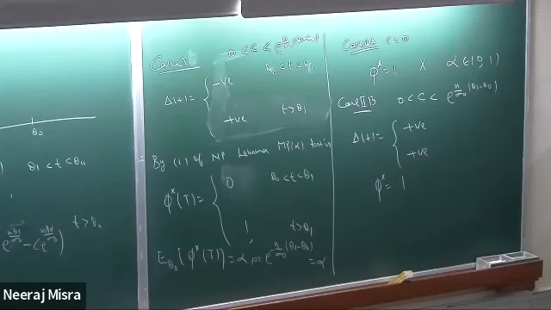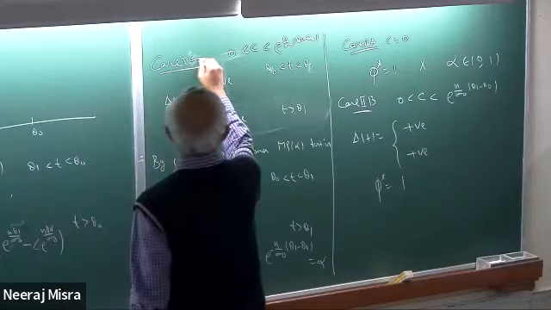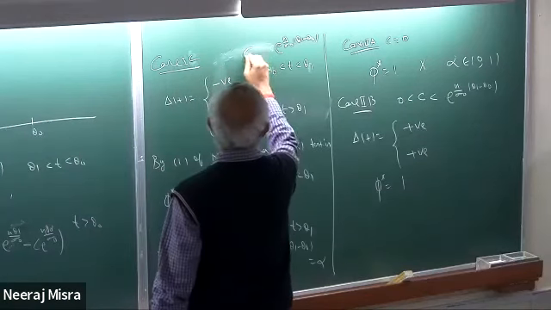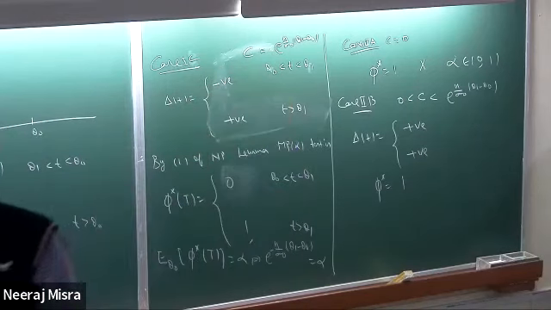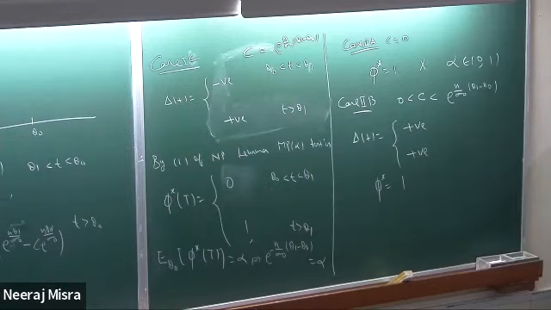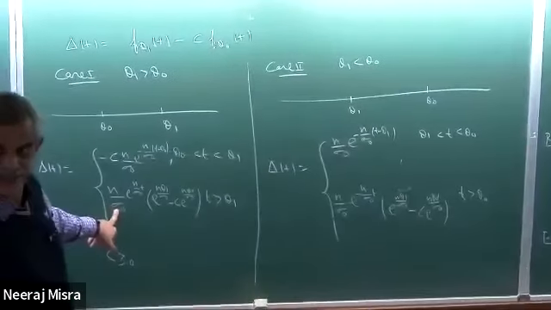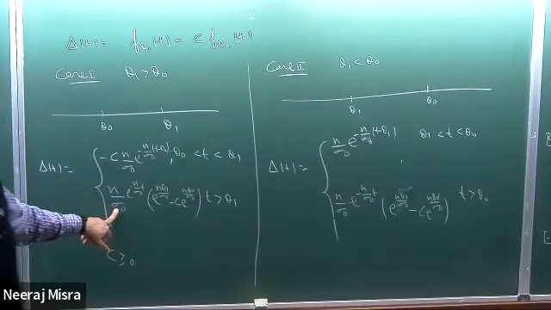Case 1C would be C exactly same as that quantity. What happens over here? C is positive, so this is some negative quantity, and this would be 0. Is that okay?